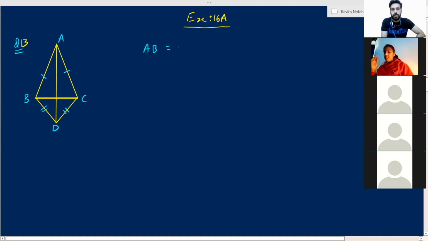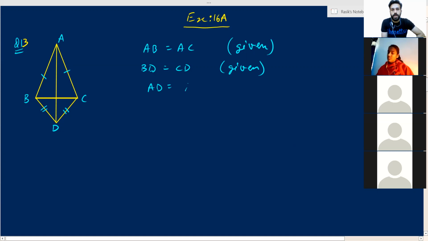AB is equal to AC, given in the question. We are proving triangle ABD congruent to triangle ACD. For that, first thing, AB equals AC, given. Second thing, BD equals CD, again given. Third thing, AD is equal to AD, which is a common side.